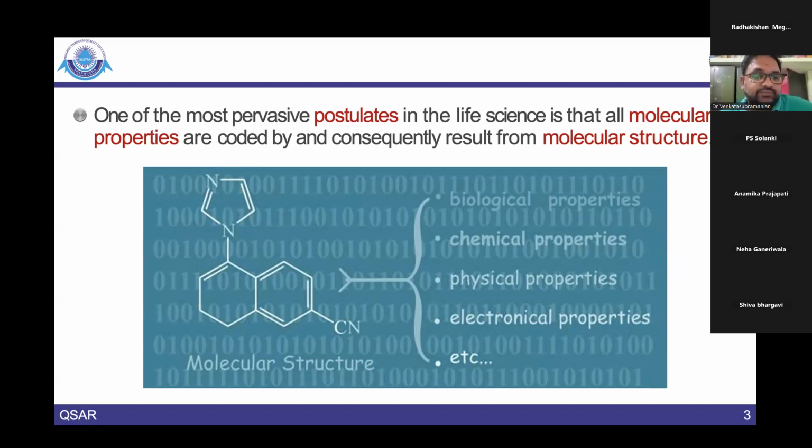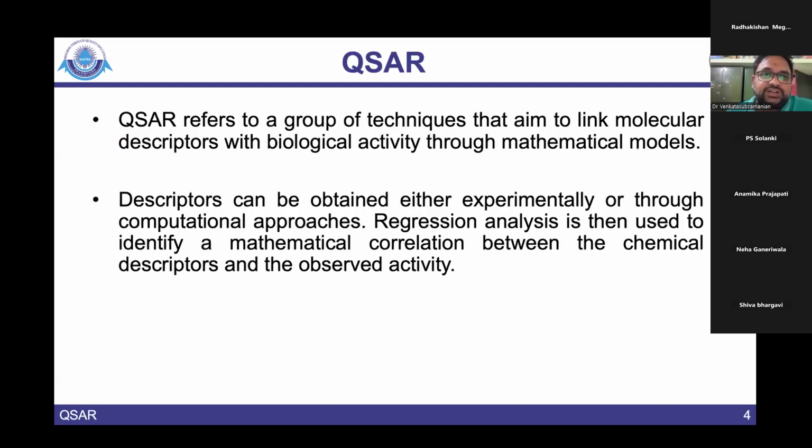That means the understanding of the structure is very important. So how do we correlate that structure with respect to the activity is what we are looking at here. QSAR refers to a group of techniques that aim to link molecular descriptors with biological activity through mathematical models.